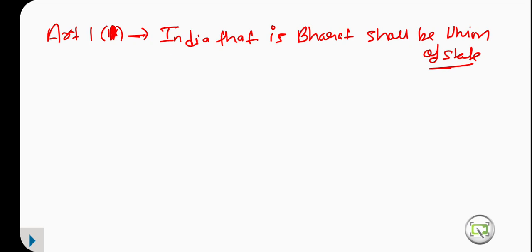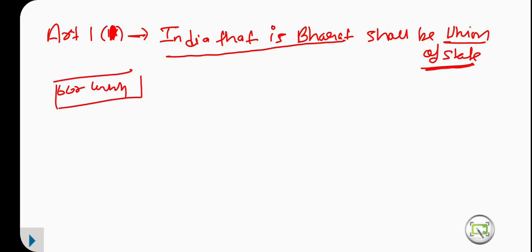It is written that India, that is Bharat, shall be a union of states. So what is written in Article 1 clause 1? India, that is Bharat, shall be the union of states.